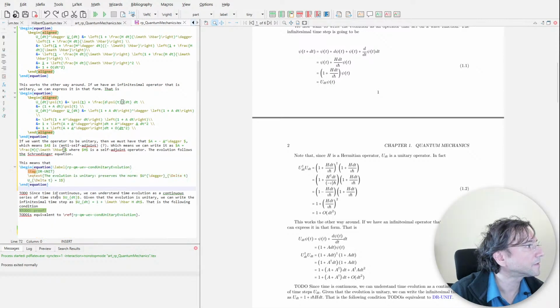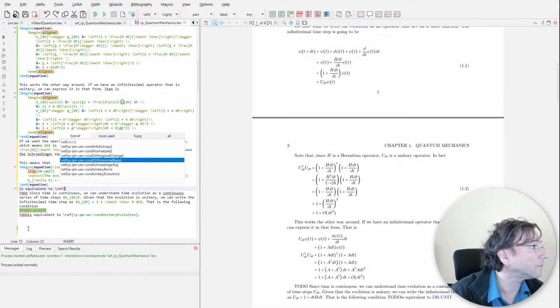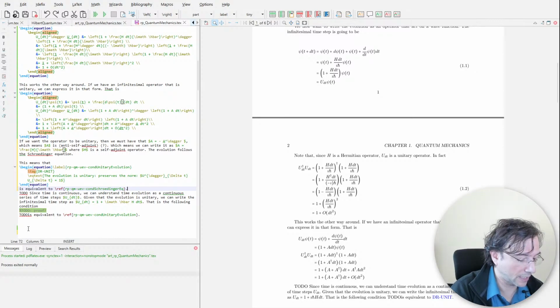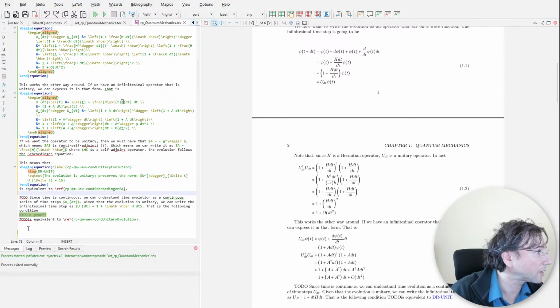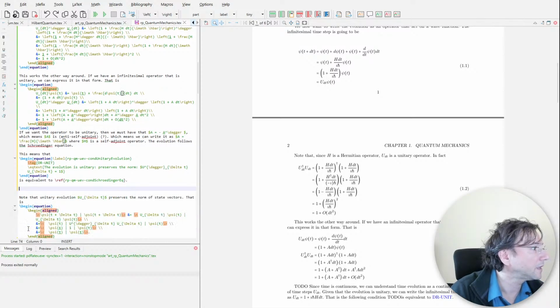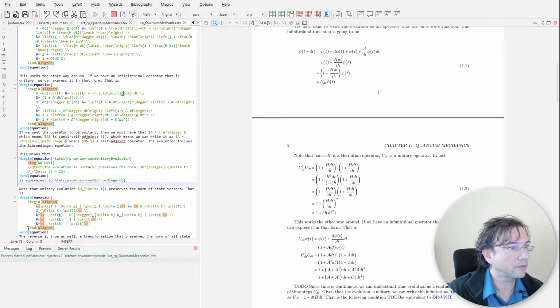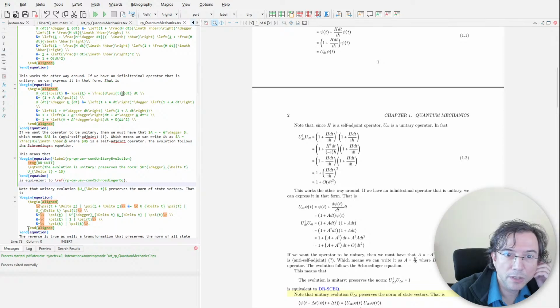This is equivalent to, and then we put the condition of the Schrödinger equation. Okay, so this is probably what I wanted. So since it's continuous, we can understand that the continuous system is this. Okay, so that's good.